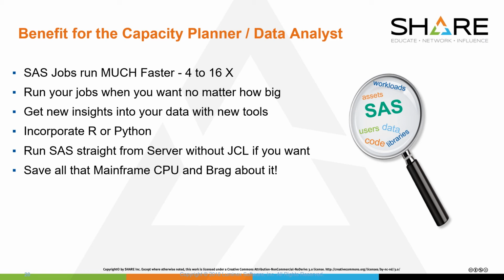So another thing that happened to me, I've been doing this as a customer for a long time before I came over to Luminex, running SAS. When I would get requests from the directors at the company, I worked for several different banks, and then I put together my analytics and I run it.